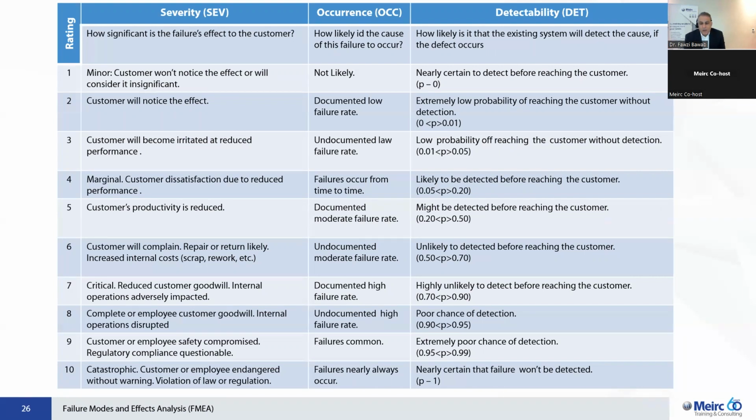Now, if there is no detection, and there is no way to tell us that there will be a failure, maybe the D will be 10 in this case. Again, as the detection goes higher or better, then the number for detection becomes less, because you're trying to reduce the overall number of RPN.